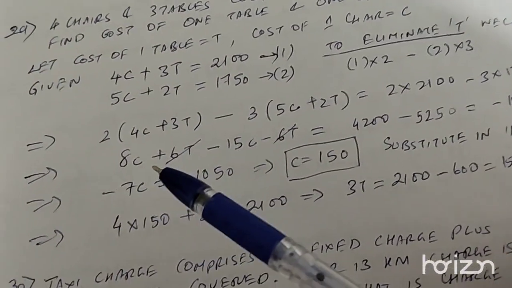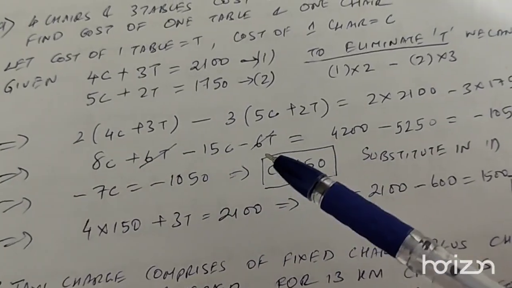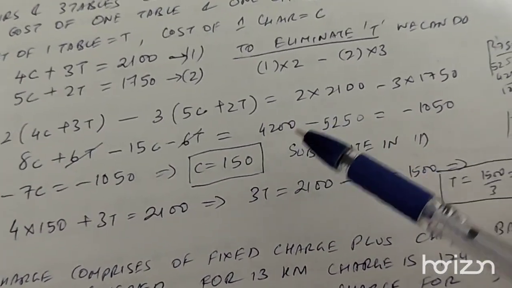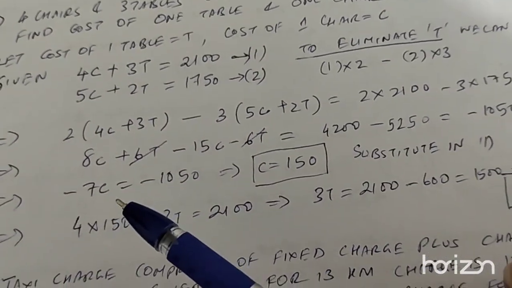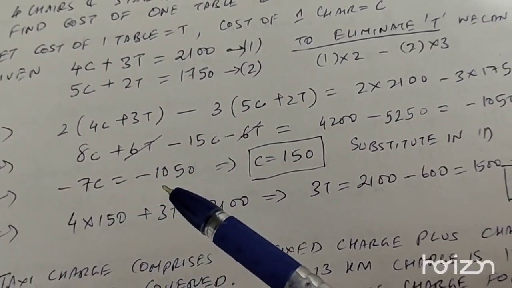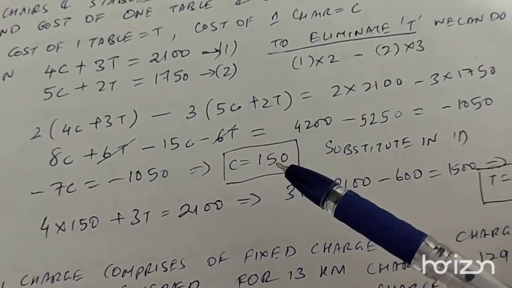If you simplify, you get 8C + 6T - 15C - 6T = 4200 - 5250. So -7C = -1050, so C comes out to 150.